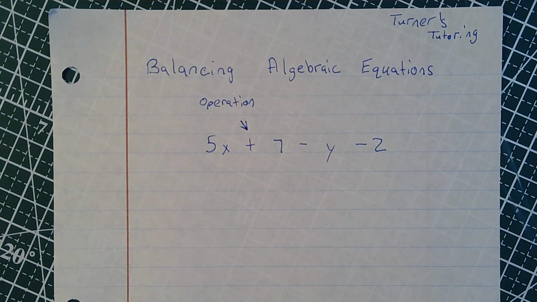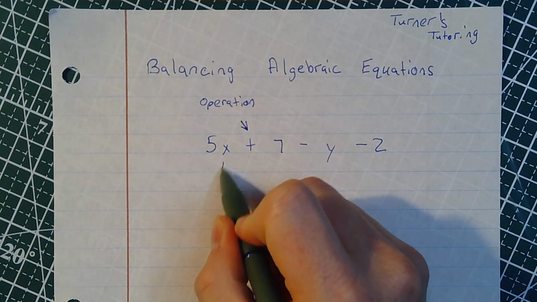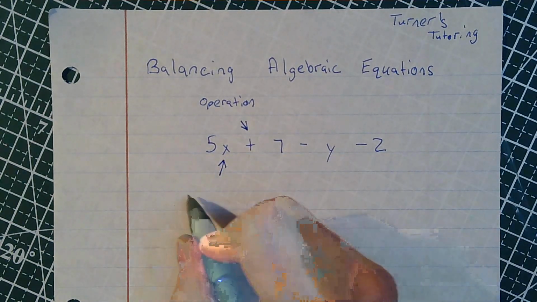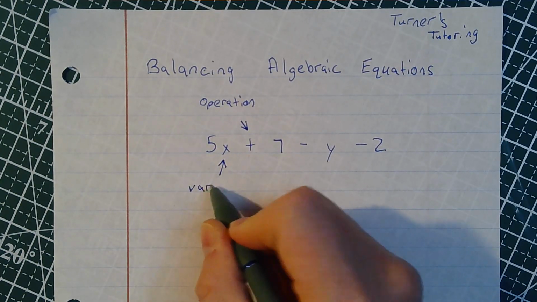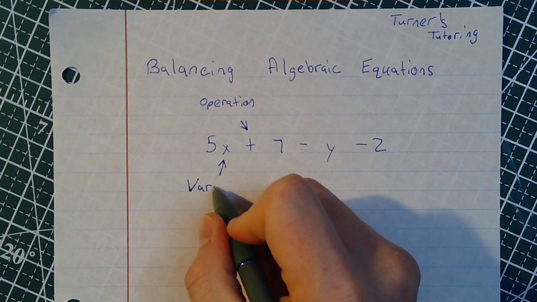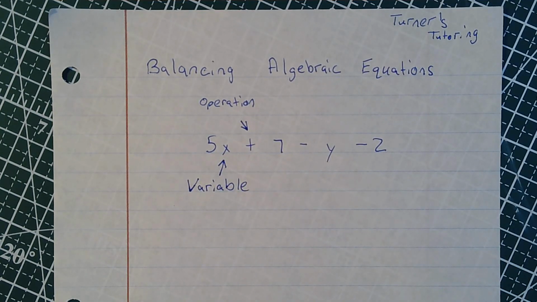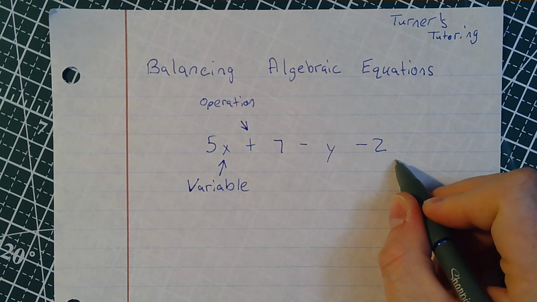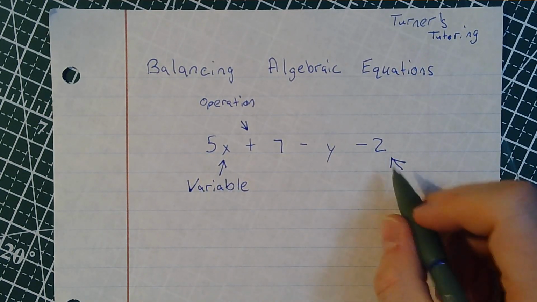When we look at the specific letters, those are called variables. When we see the number by itself, not next to a variable, that is a constant.